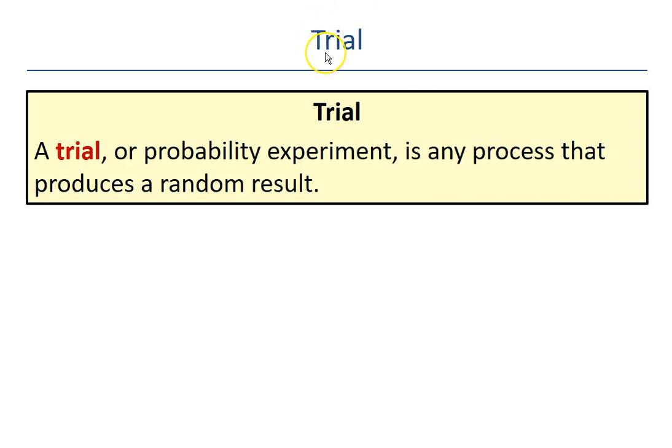So we're going to look at the word trial now. A trial, or a probability experiment, is any process that produces a random result. Now, years ago, they talked of a coin that was, when it was minted, somehow ended up with 2 heads or 2 tails.